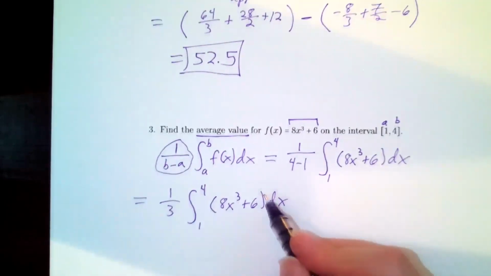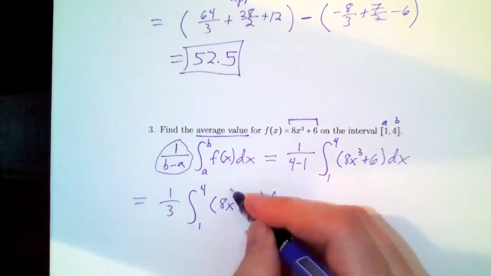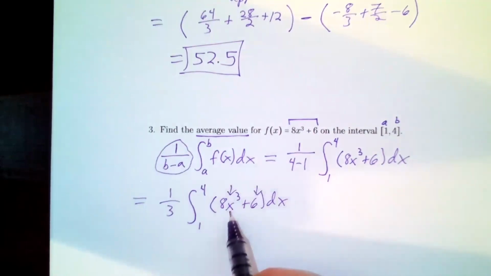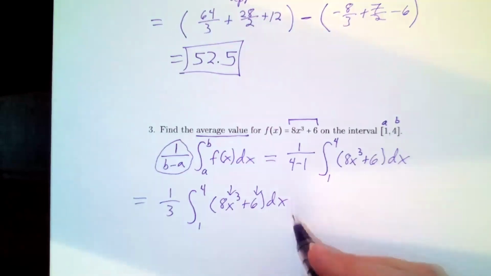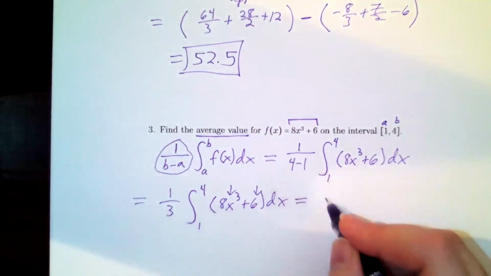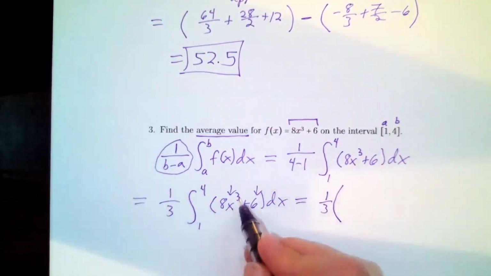Now this, again, does not have a power on the outside. I do not have to do a u-substitution. I can integrate this term and this term separately. This will involve a power rule. This is the integral of 6. Let's go ahead and do that. You have 1/3 times, do a power rule here, r is 4.